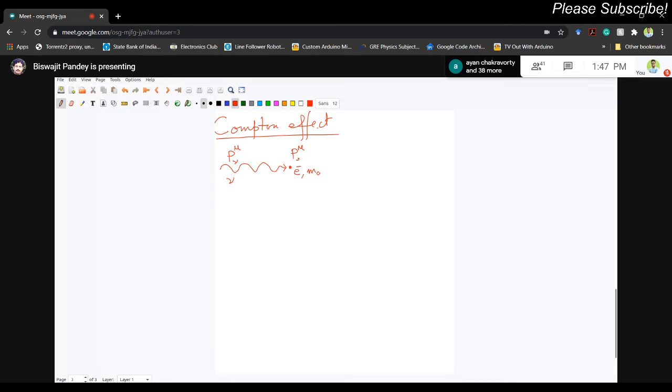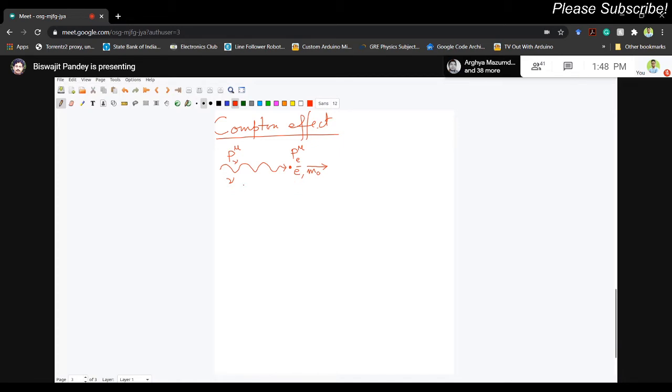So we have to use some kind of notation, right? Suppose the photon is going in this direction, and the electron is at rest somewhere in this lab frame. Suppose this is the x direction, this is y, and perpendicular to this plane is the z direction.